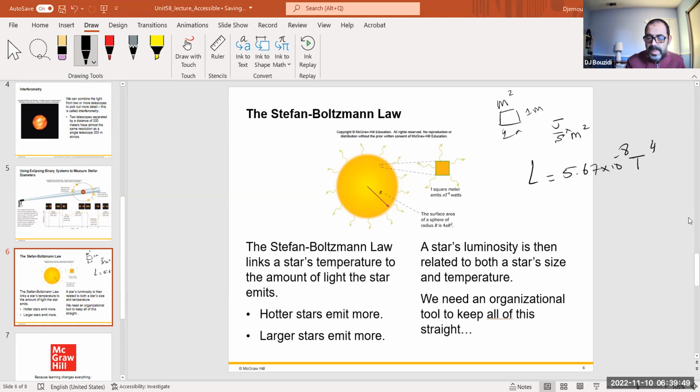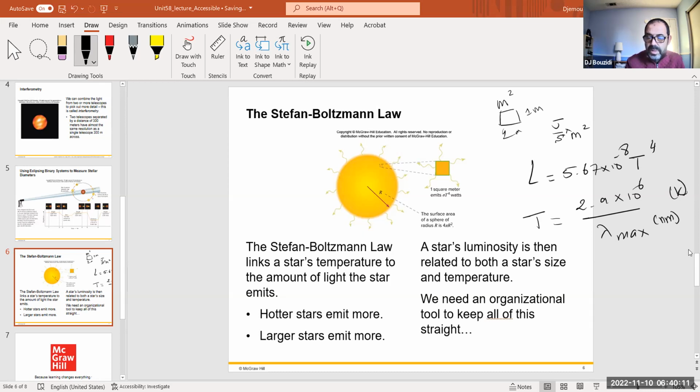And remember the other law, Wien's displacement law, gives me the temperature in terms of the peak wavelength as 2.9 times 10 to the power 6 divided by the peak wavelength, provided this number is in nanometers and the temperature is going to come out in Kelvin.